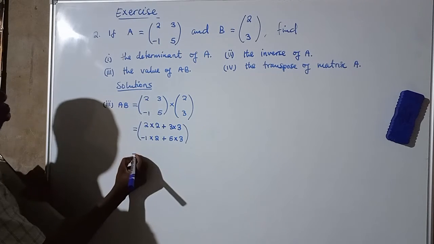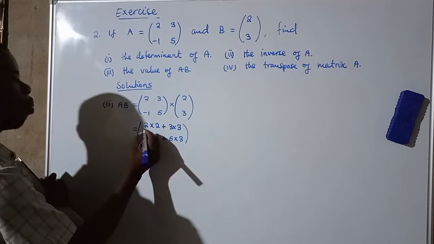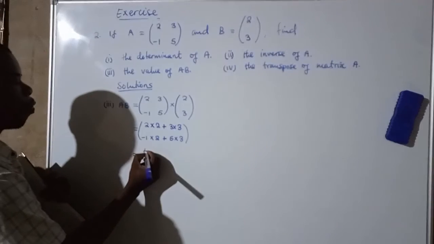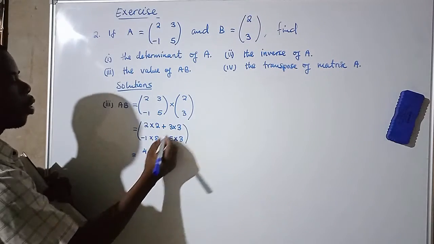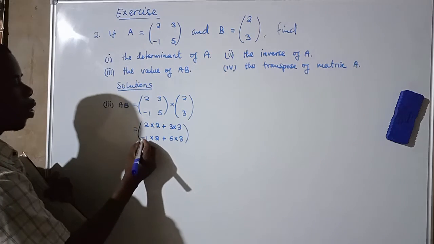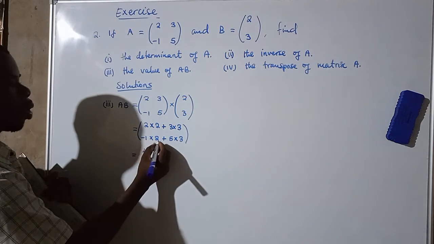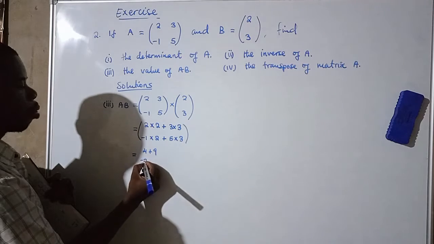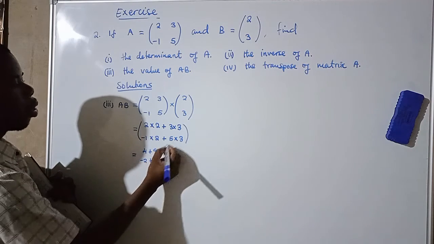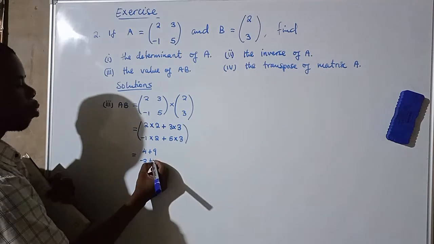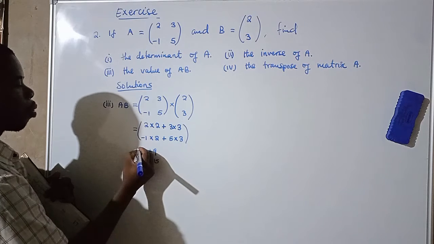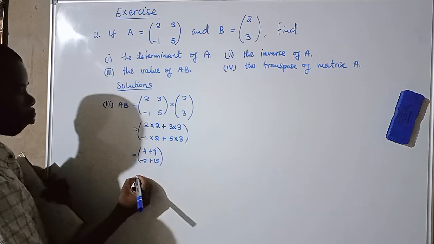Then we'll say equals 2 times 2, which will be 4, plus 3 times 3, which will be 9. Then here negative 1 times 2 will be negative 2, plus 5 times 3, which will be 15.